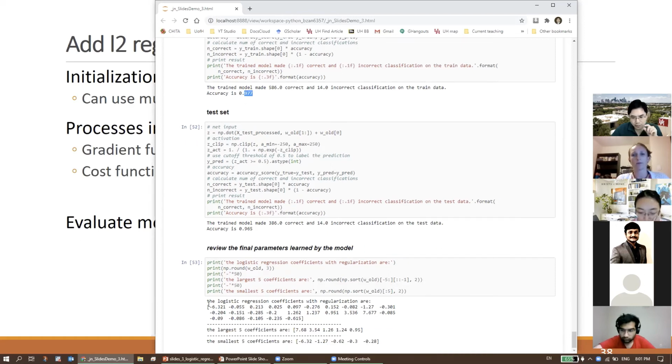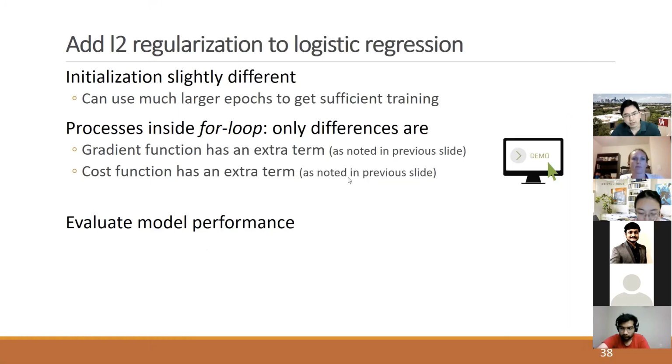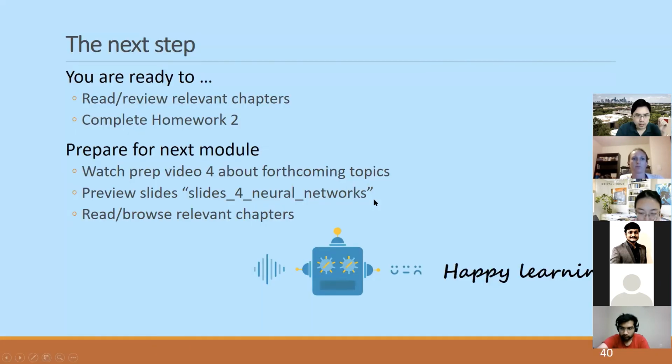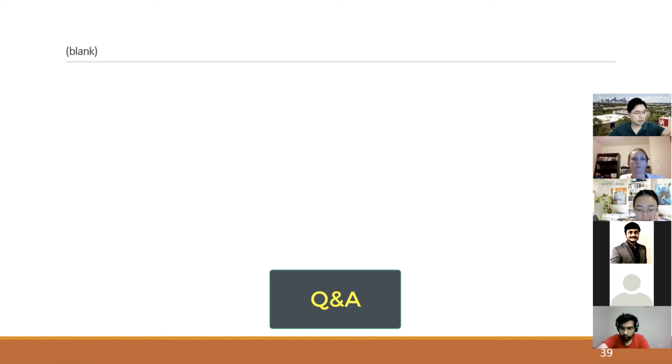And after regularization, when you take a look at the coefficients, the biggest is only 7. So that's a dramatic difference in terms of the size of the coefficient. The size of the coefficient can somehow tell you if the model is overfitted or not. So that's where you look. And that's it. Two hours.